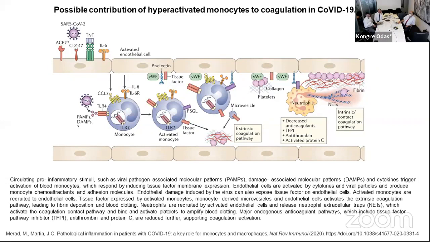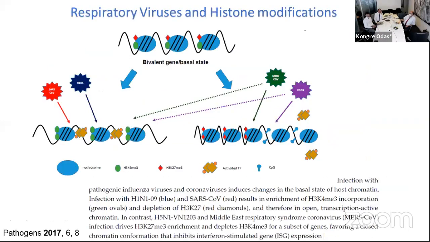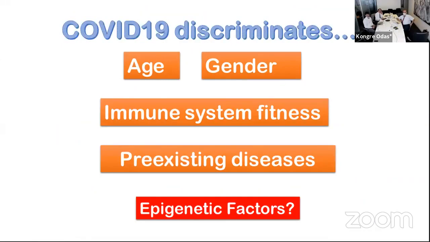Next slide, please. Respiratory viruses and histone modifications, now we are seeing. Just now I mentioned that epigenetic patterns are getting differentiated, isn't it? That is also related to histone modification.